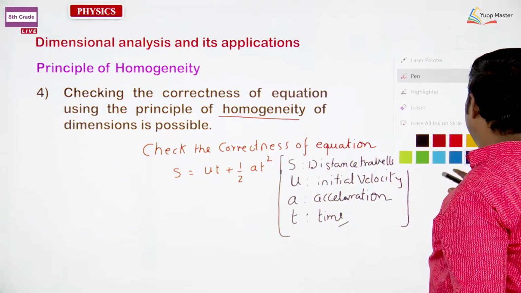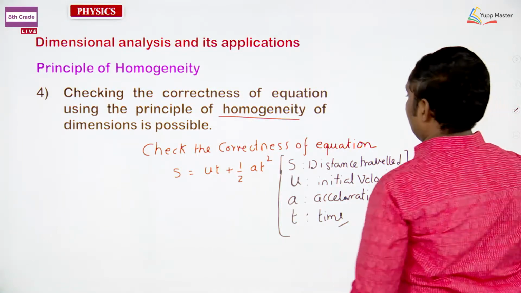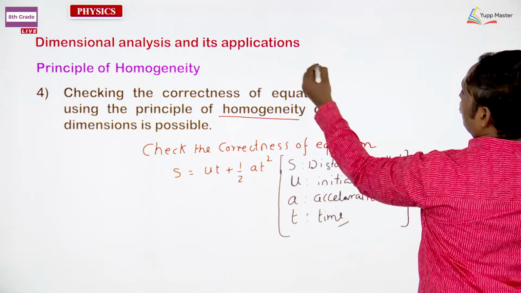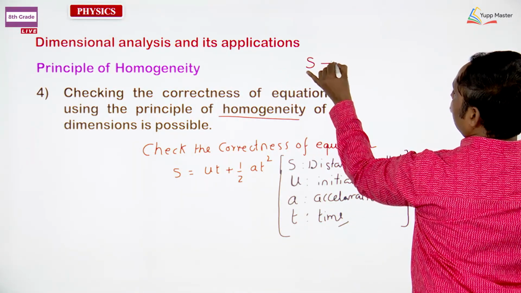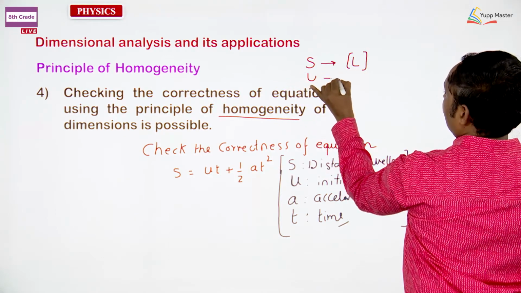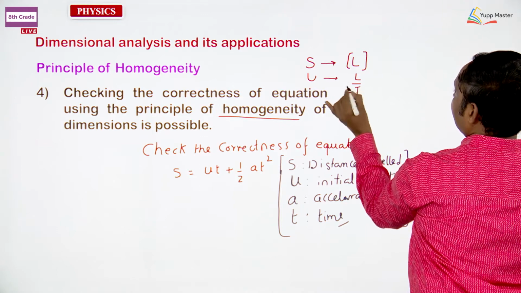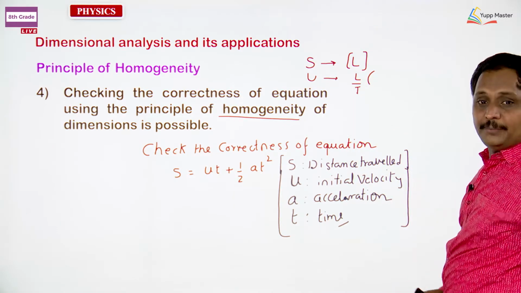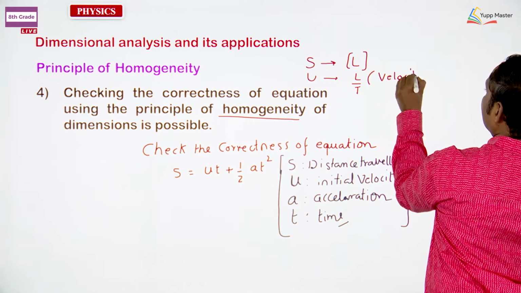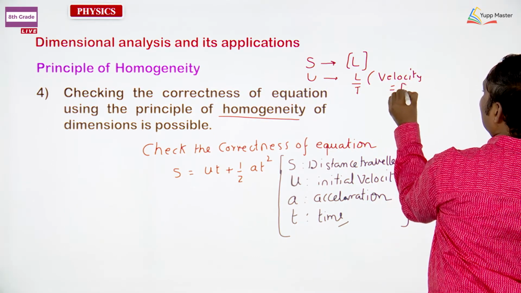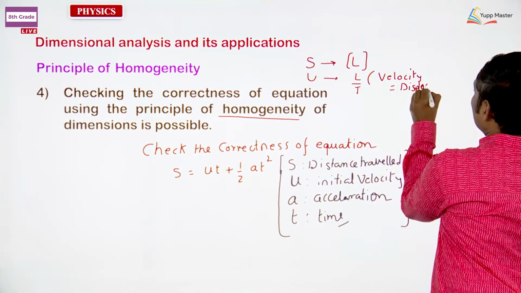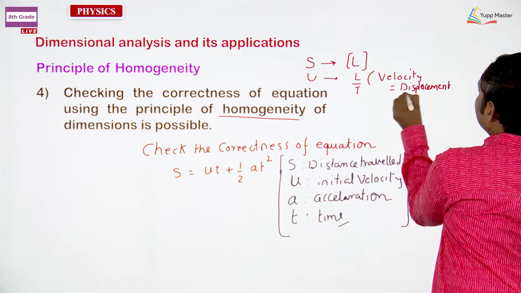Let us see. You can take the dimensions. Displacement is represented as L, and u, the velocity, is represented as L by T. You can take that velocity is equal to displacement by time.